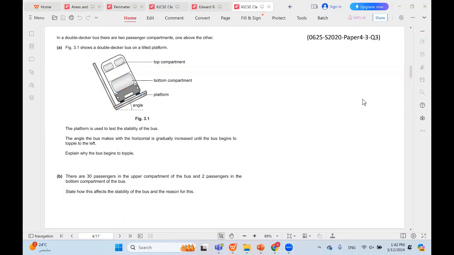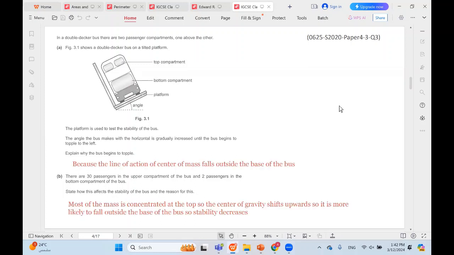Let me draw another diagram outside to make more sense of this. In the first case, we have a platform at an angle, and we have the wheels of the bus. And the center of mass is somewhere here. So the weight falls vertically down, and it's still within the base of the bus. It's still between the two wheels.